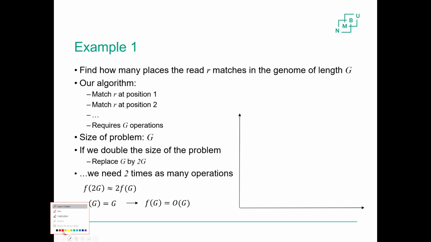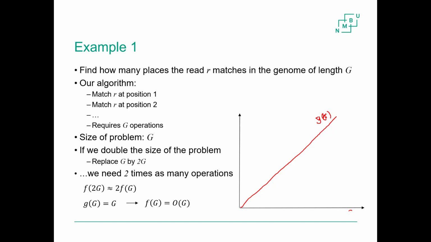It's actually a straight line like this, right? So this is now our g of x, or actually g of G. We used capital G now for the problem size.